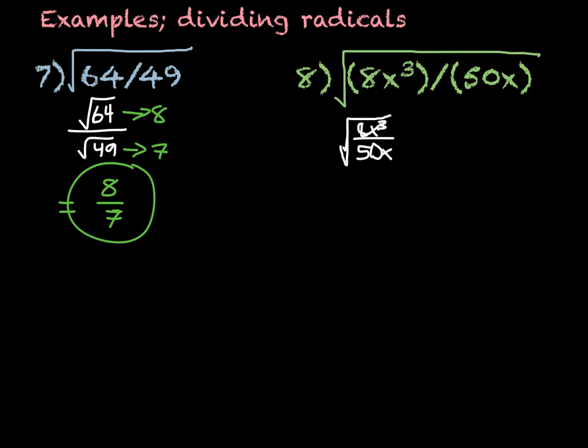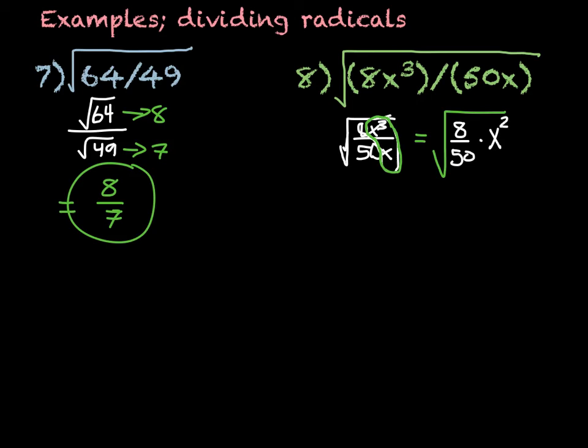Now this one, I'm going to deal with the x's here by simplifying that. So under the square root, I'm going to have 8 over 50, I'll deal with the number later, times the x cubed and the x. So, since there are 3 x's on top and 1 on the bottom, it's going to go to just x squared over 1.